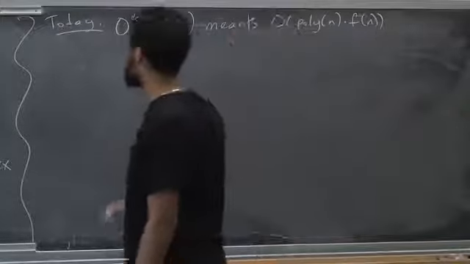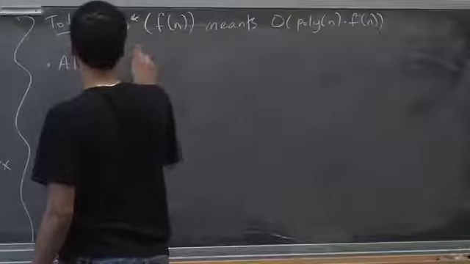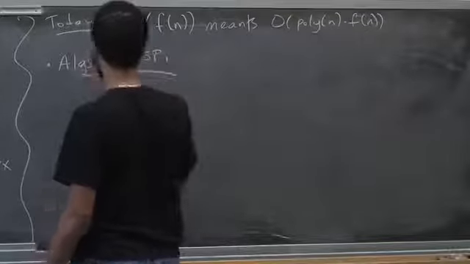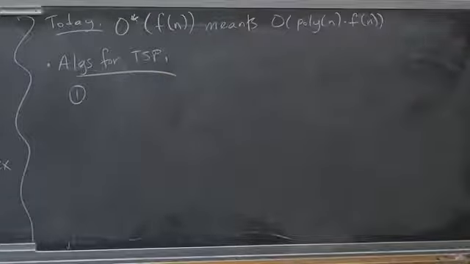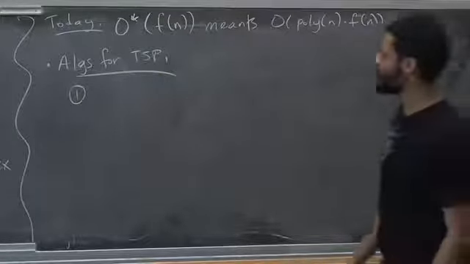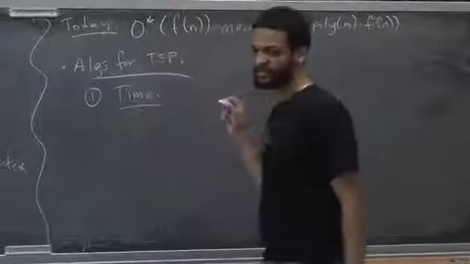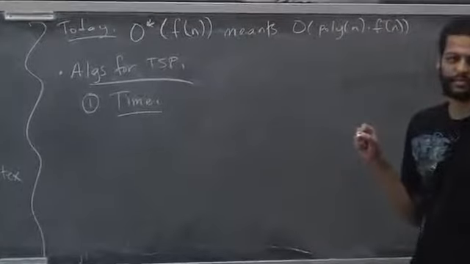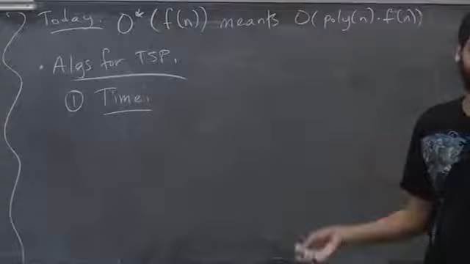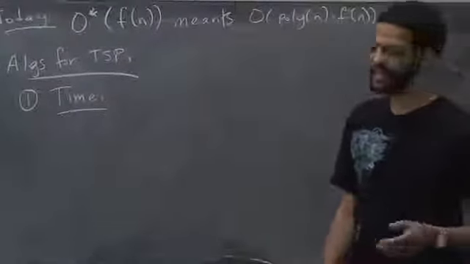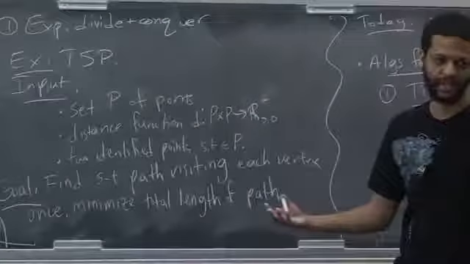So what do we know about TSP? What's the most straightforward algorithm? Let's look at both the time and space. Just try every path: try basically all the orderings of the intermediate vertices.